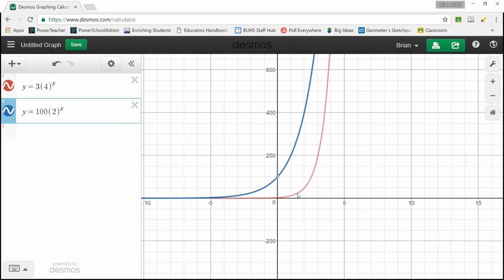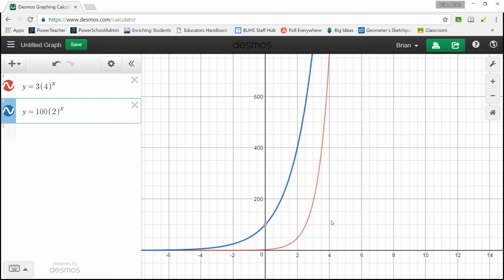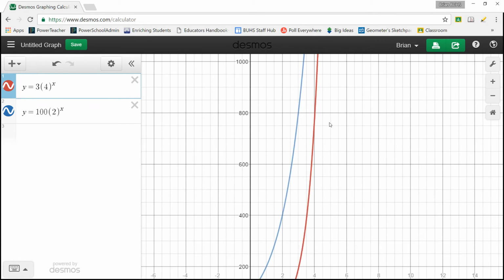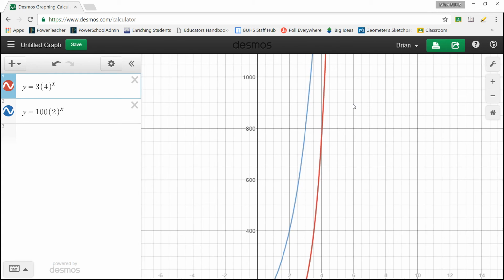So we can see, like you were saying, on day 4, this one's only 786 or around there, whereas the blue graph is taller.